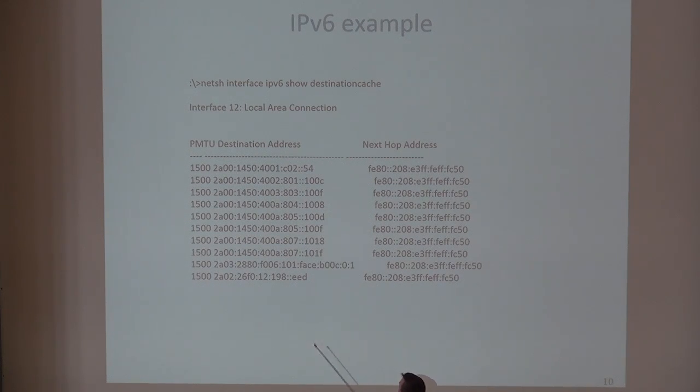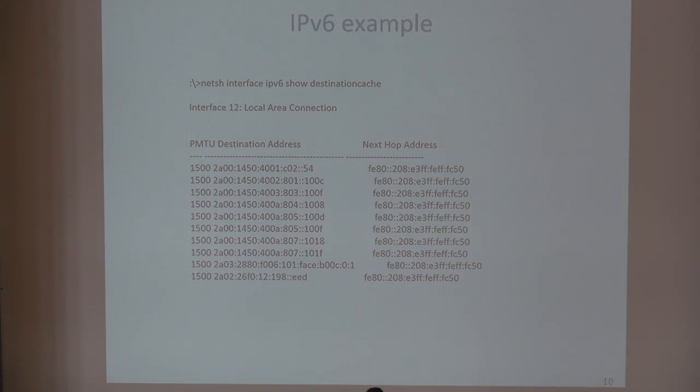destination. So here is, for example, a dump of path MTU. Well, this is a dump, not very exciting. On my machine, I have a path MTU of 1500 for all those destinations, which are kept here.